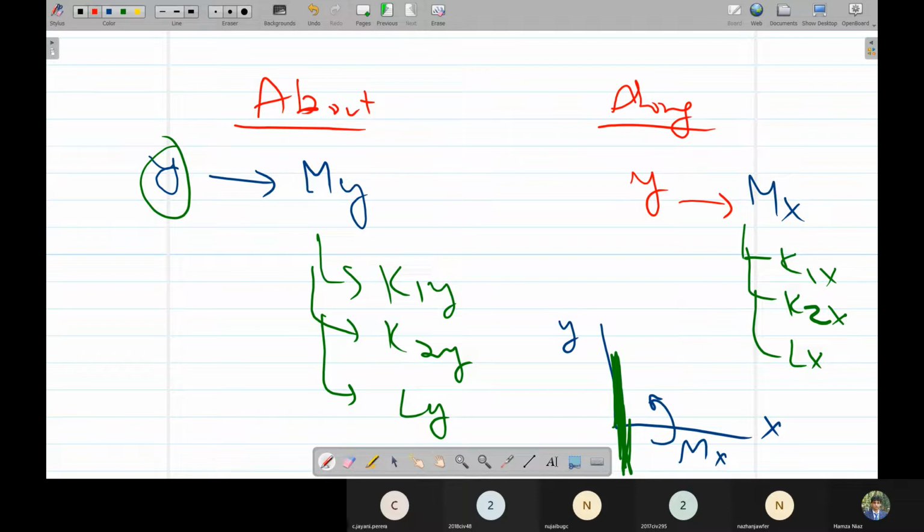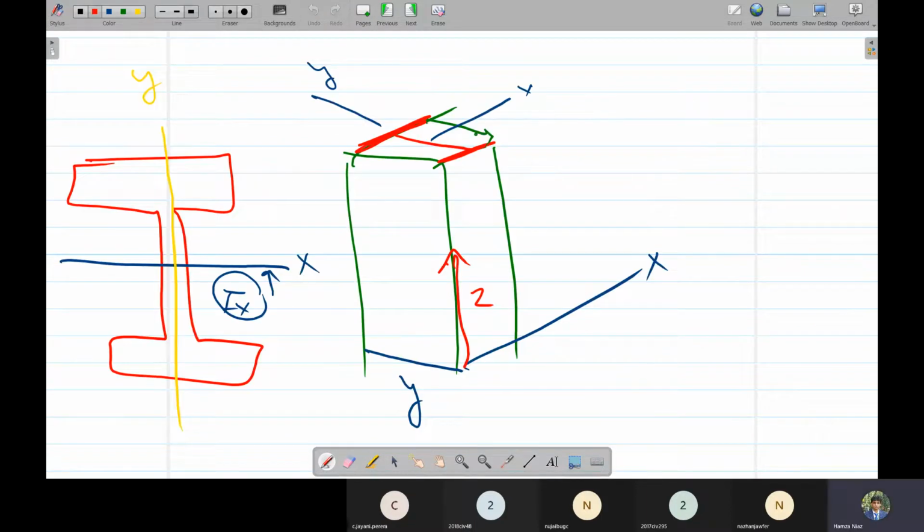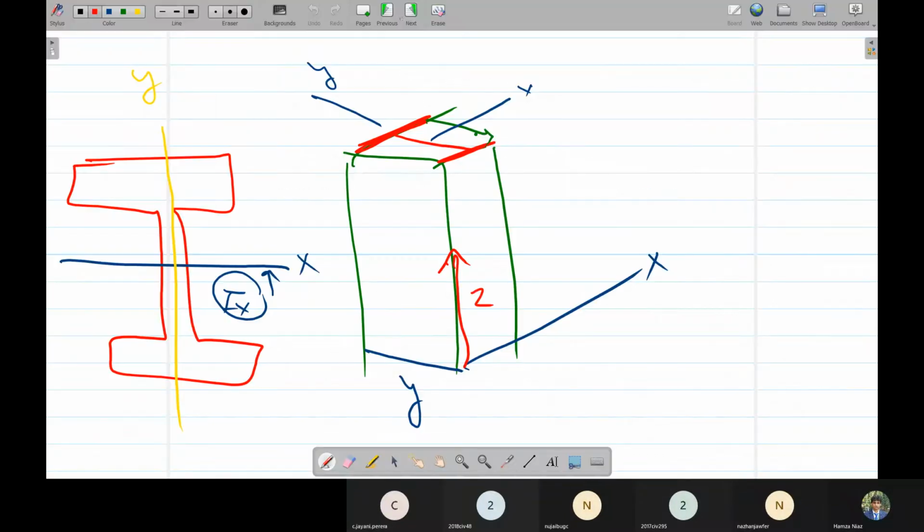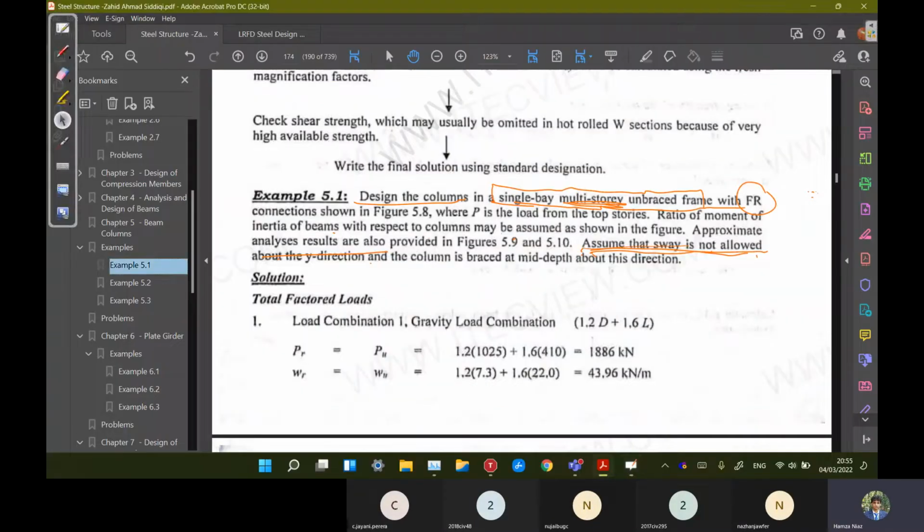Let's go ahead. Should we continue? Because this is very important. The whole question depends on this. If we assume opposite values for this, then the whole solution would be wrong. So they are saying that assume that the sway is not allowed about the y direction.